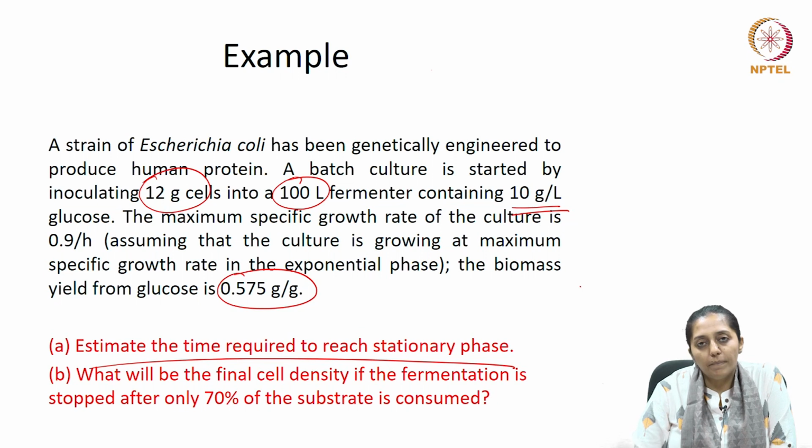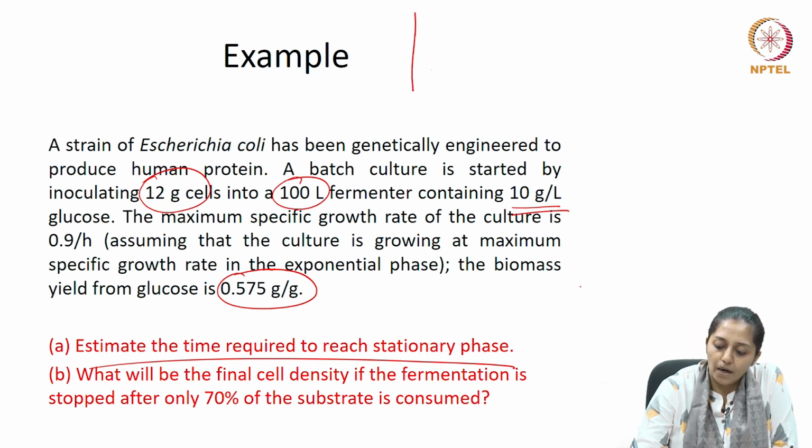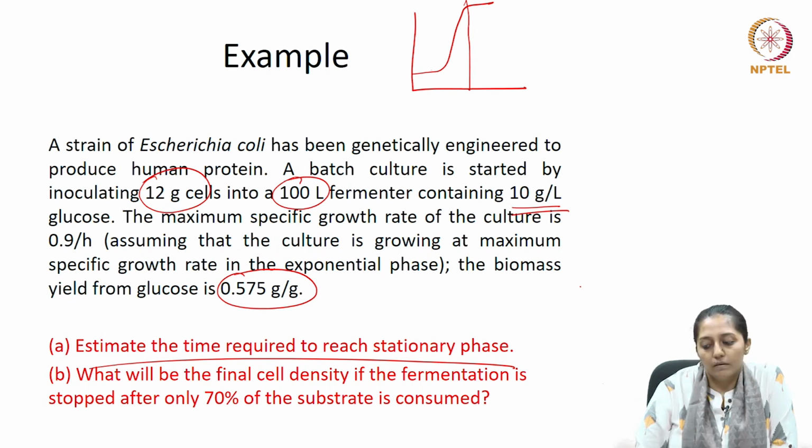Now, let us see part B. What will be the final cell density if the fermentation is stopped after only 70% of the substrate is consumed? For part A, what did we assume? It was said that the reactor has been run till the end of the log phase, so we could assume that the substrate has completely depleted.